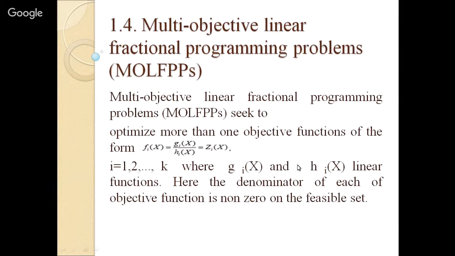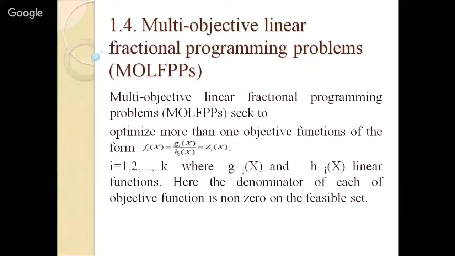Here we assume that the denominator of each objective function is non-zero in the feasible set, in the feasible region. That is the assumption we need to take before defining the multi-objective linear fractional programming problem. When we come to linear fractional, it is necessary to define these assumptions. If the denominator becomes 0 in the feasible region, you cannot find a solution.